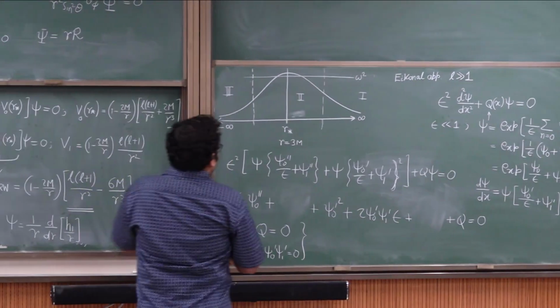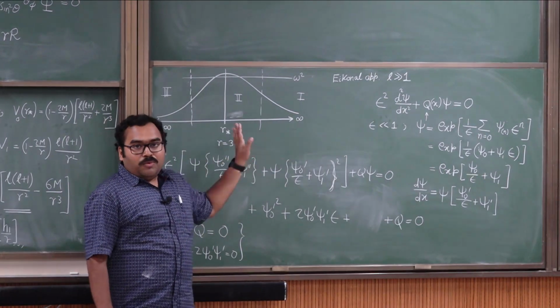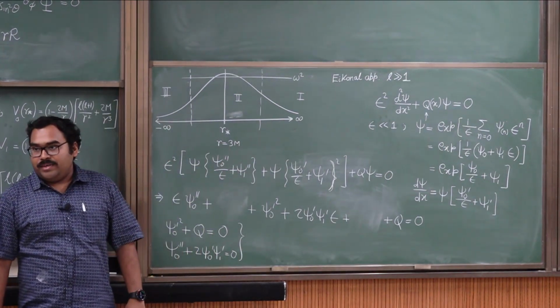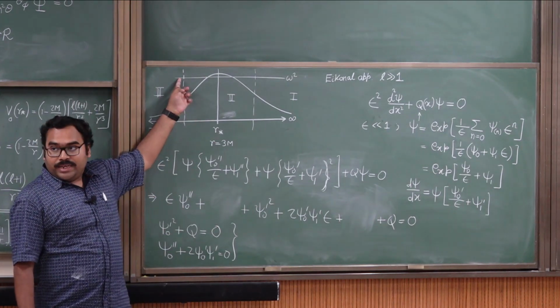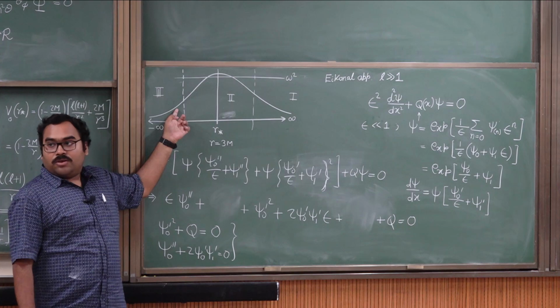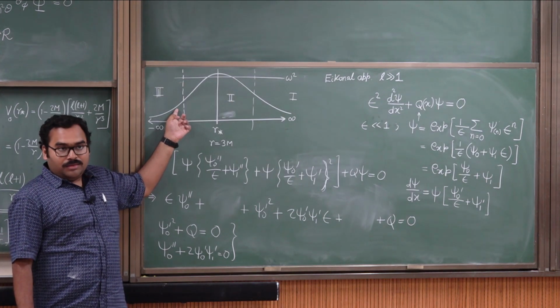Where was I? Here. The regions 1 and 3 are chosen in such a way that omega square, which is over there, is much larger than that of the potential, right?